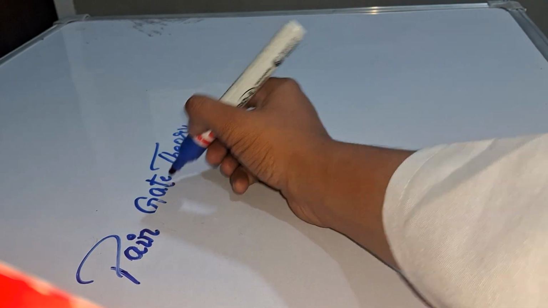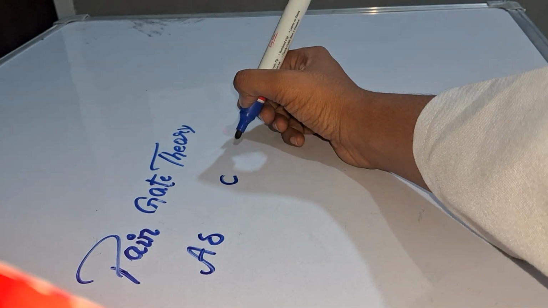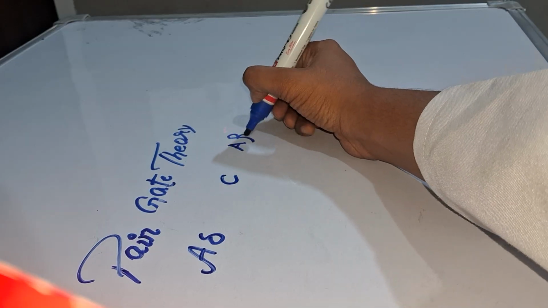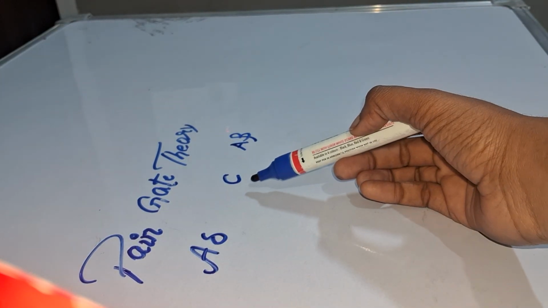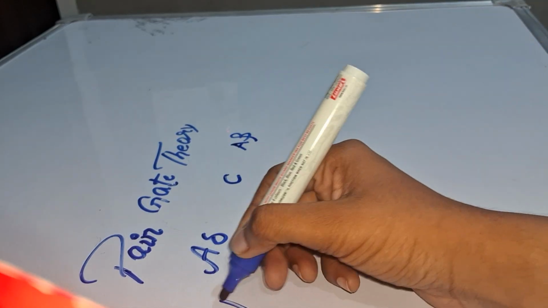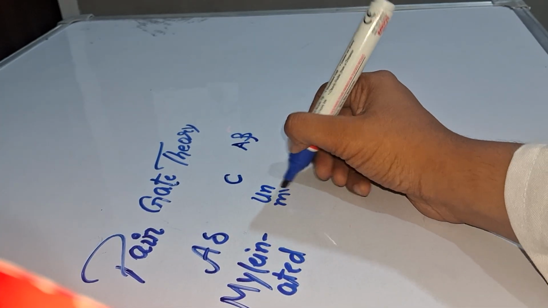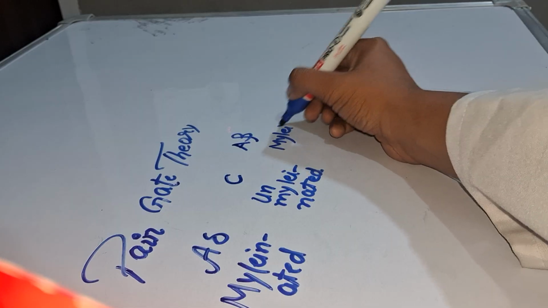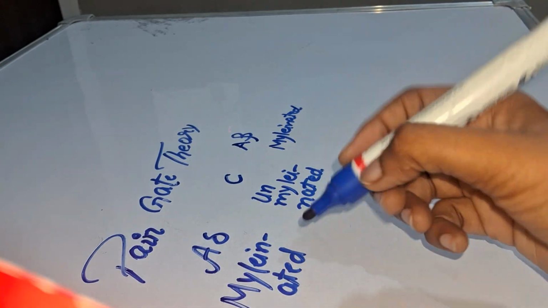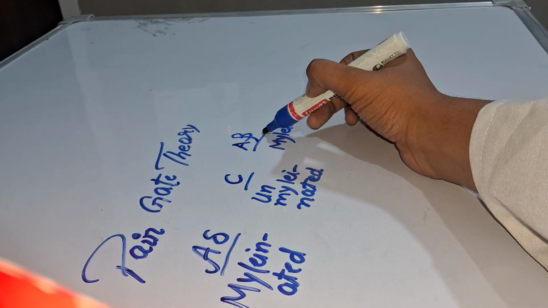Are you clear with the nociceptors? Are you clear with the afferent fibers? There are three types of afferent fibers: A delta fibers, C fibers, and A beta fibers.